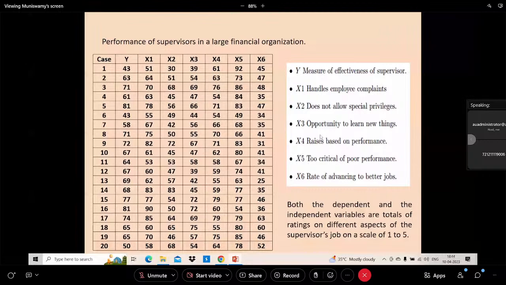Every year, suppose I want to give renewal to an employee, it depends on his activity. Activity depends on handles employee complaints, does not allow special privileges, opportunity to learn new things, raises based on performance, too critical, poor performance, rate of advancing to better.